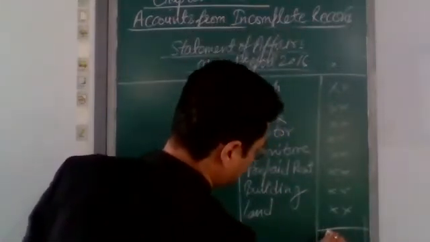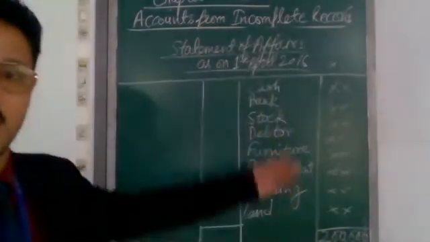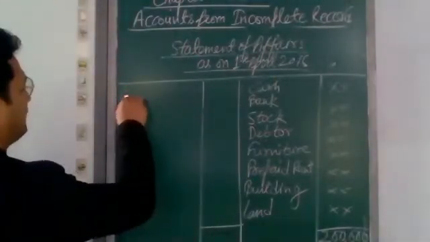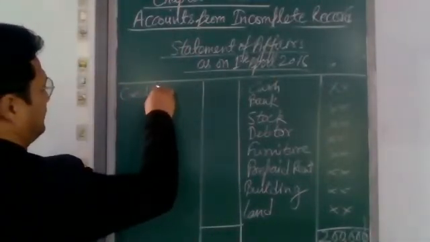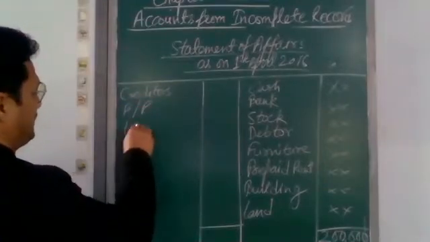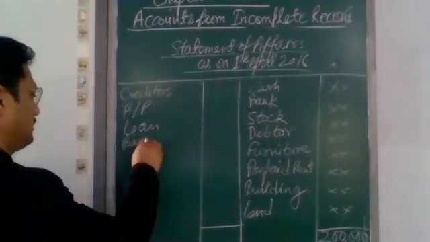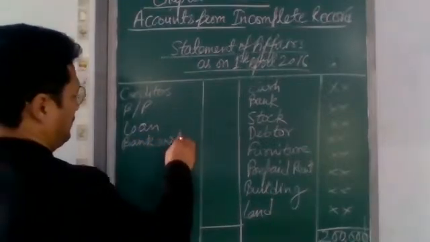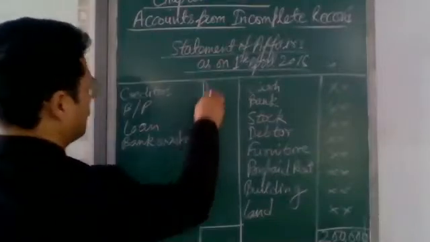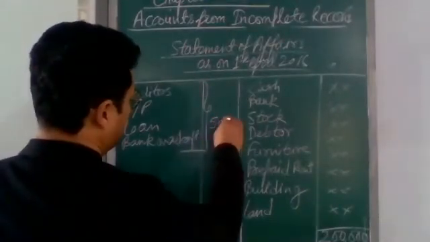Suppose the total is 2 lakh. The total of asset side is 2 lakhs. You will write the liabilities: creditors, bill payable, loan, bank overdraft. Suppose all these are 50,000.